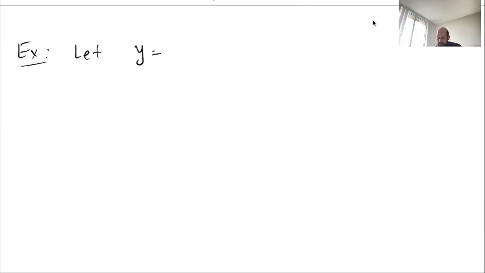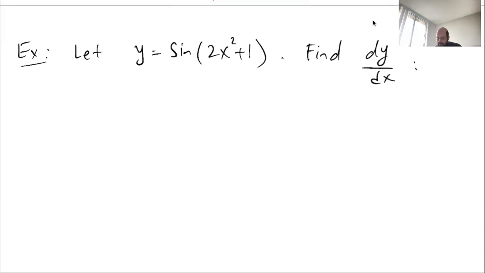Let y equals sine of (2x squared plus 1). Find dy/dx. So dy/dx, or in other words y prime, is... we have a function of the form sine u.